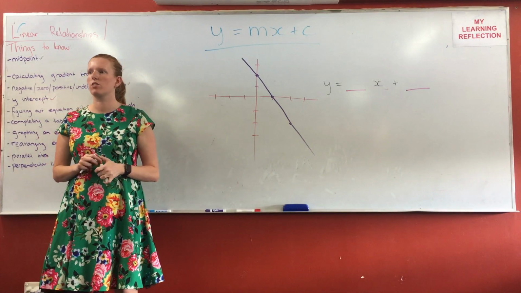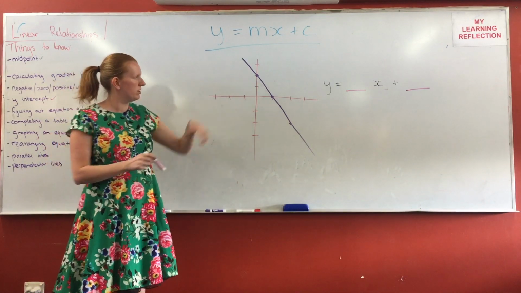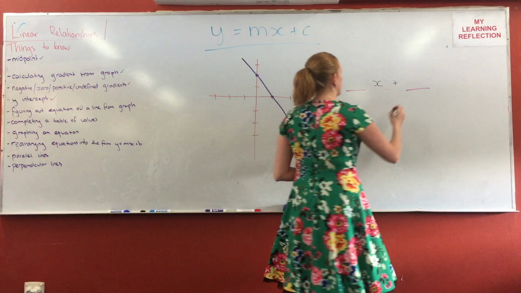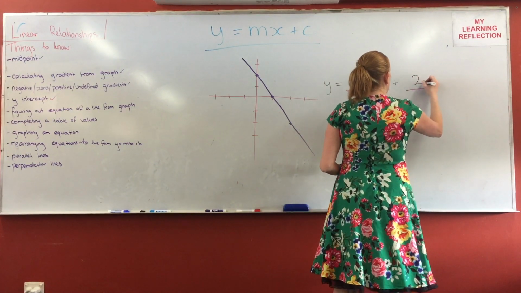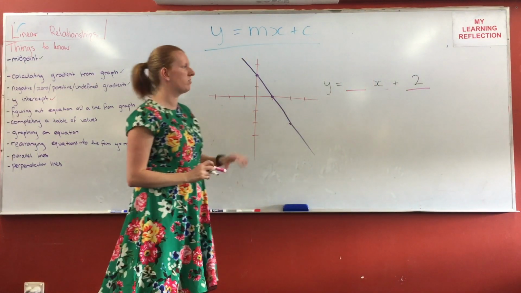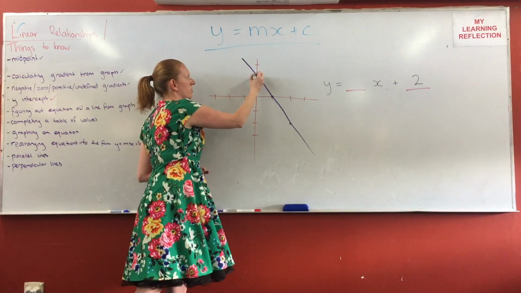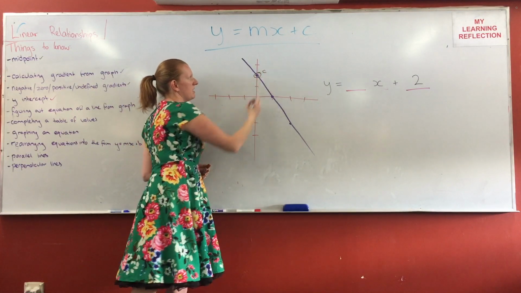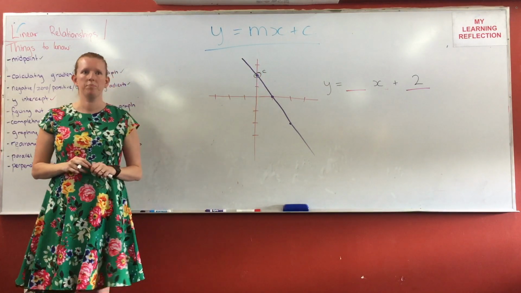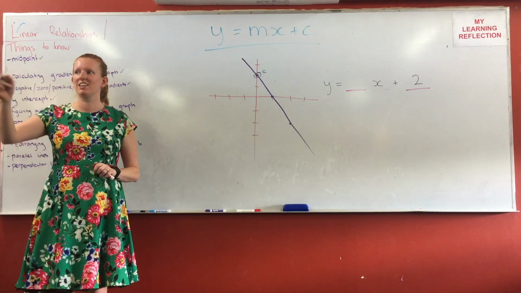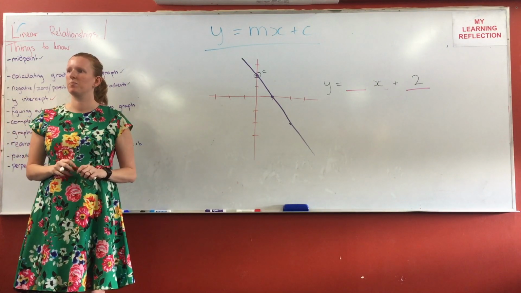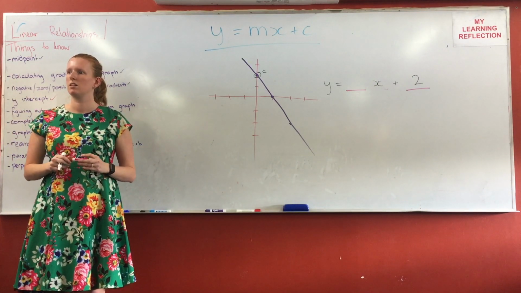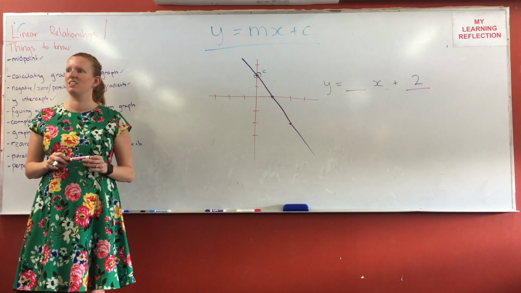Where is it cutting through? 1, 2, it's cutting through a positive 2. So that's 2 on the end there, and the reason for that is because that's where it's cutting through here. So that's my C, 2. Yeah? 2x plus 2. Loving it. How do we do it? Because each time it goes down by 2 each time. Awesome.